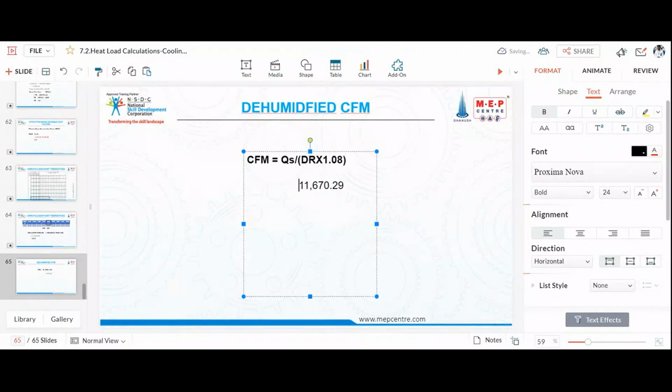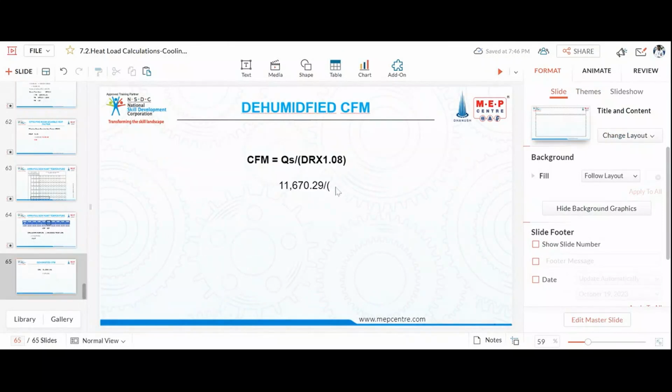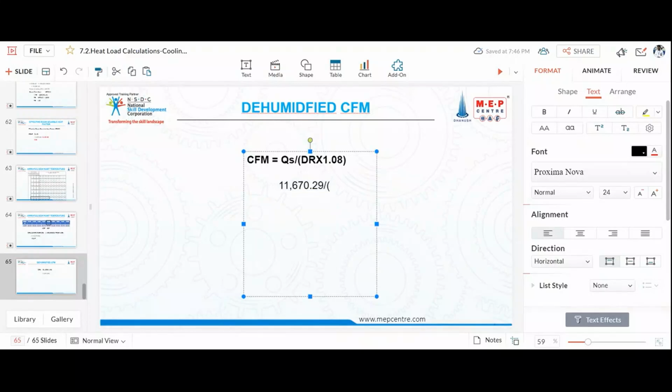11,670 divided by dehumidified rise 13.2 into 1.08. How much will you get? Just say the answer.